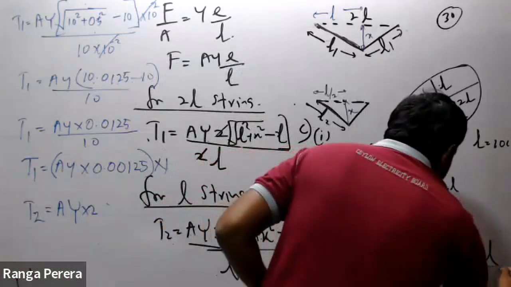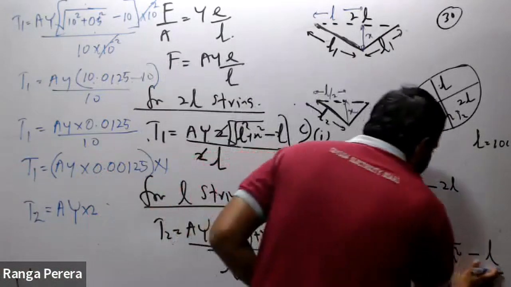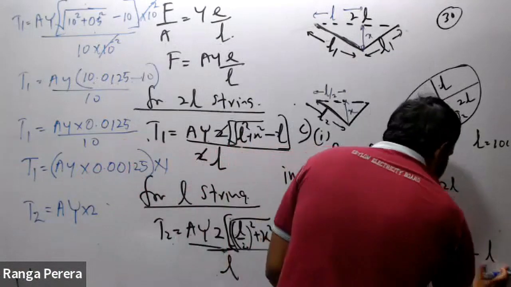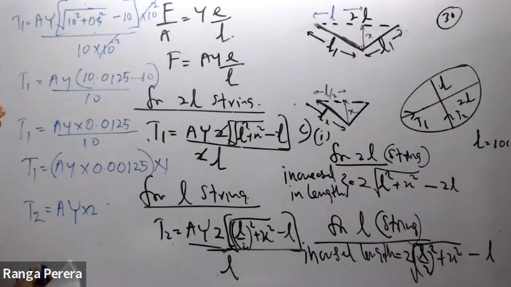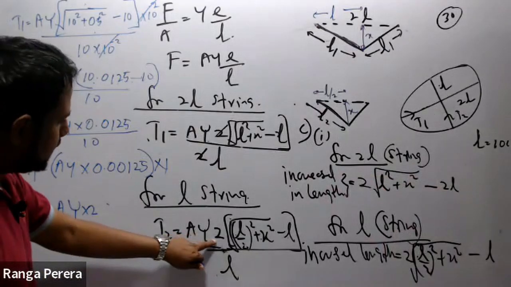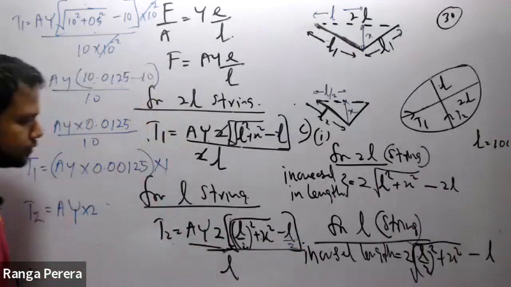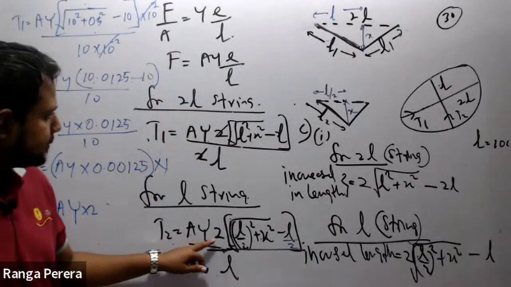I should divide by 2, right? It's wrong. There's a small correction. Look here. If I take 2 out, I should take L by 2. Can you understand that the simplification is wrong?